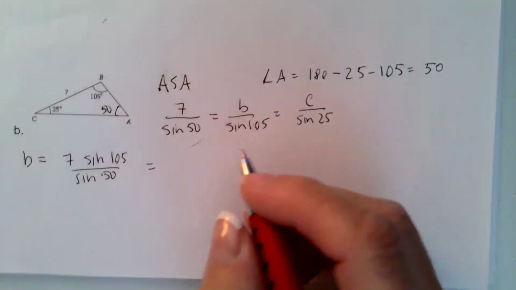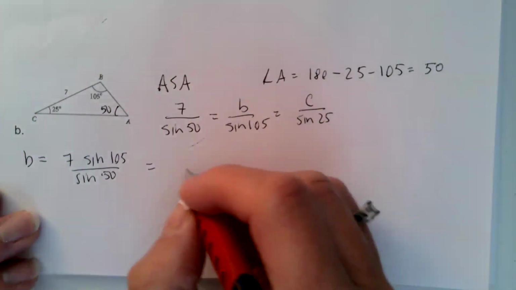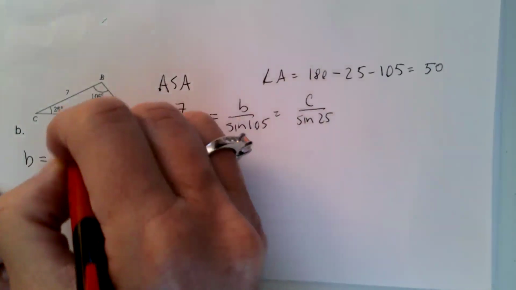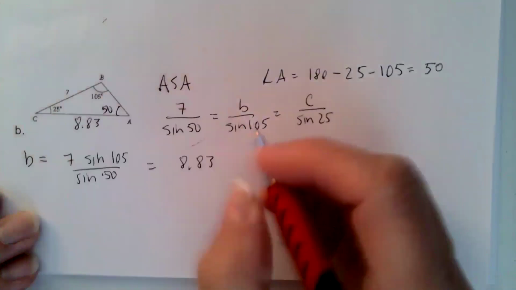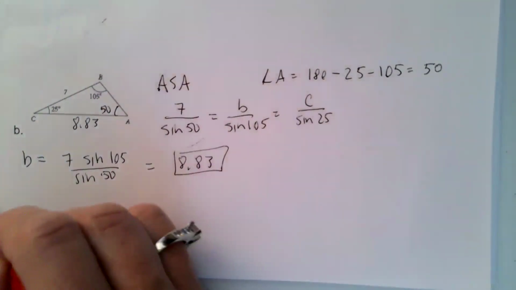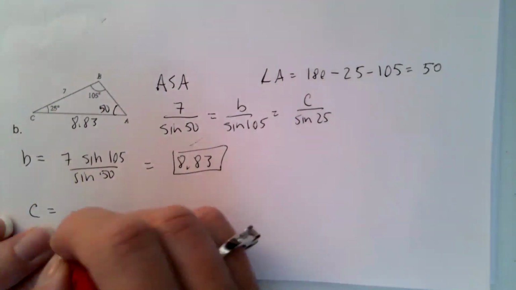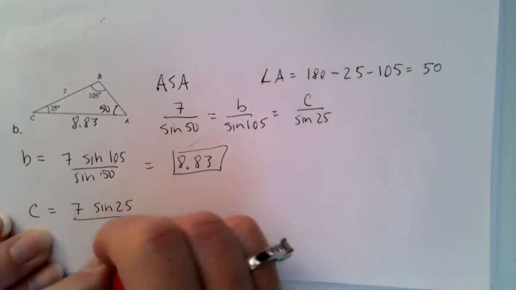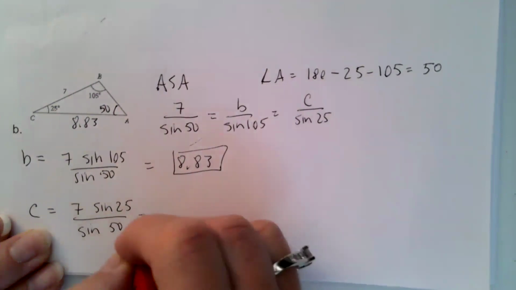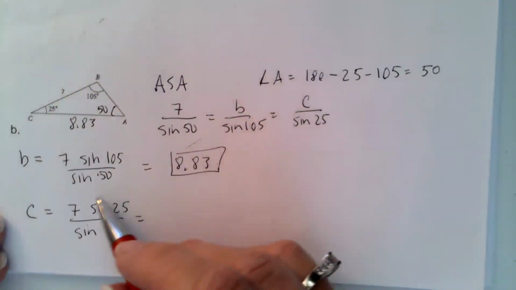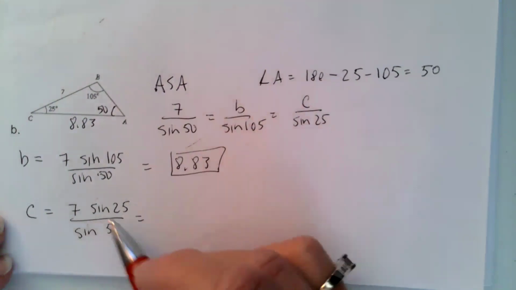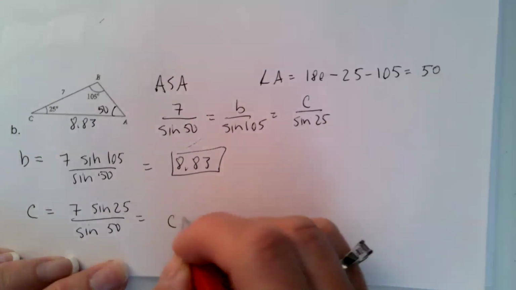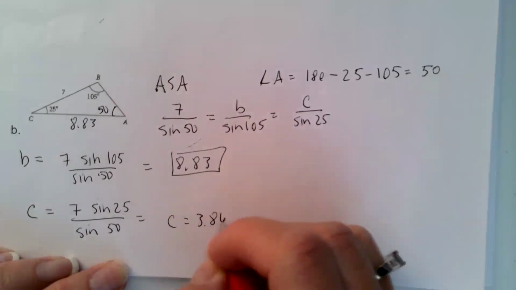And when we type that into scientific Desmos, we will get 8.83. And side C is going to be 7 times the sine of 25 over the sine of 50. And remember, this is the individual sine of 25 over the individual sine of 50, not the sine of 1/2, not 25 over 50. So C equals 3.86.